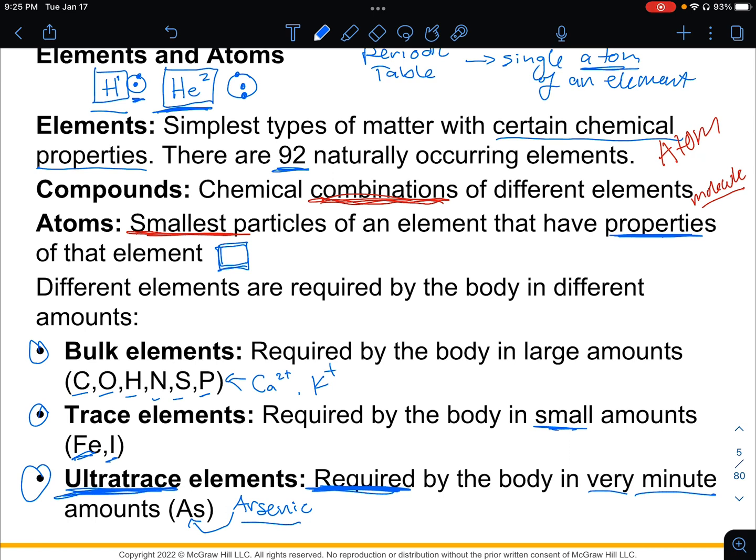Maybe the discovery of arsenic poisoning was because we discovered that arsenic was a requirement of the body and were trying to figure out what trace amounts the body needed. That's highly unlikely, but we did discover that arsenic is needed in the body. But if we have too much of something, it could be very bad for us, just like too much arsenic leads to death. So let's try not to do that. We want to keep that in the ultra trace element category.